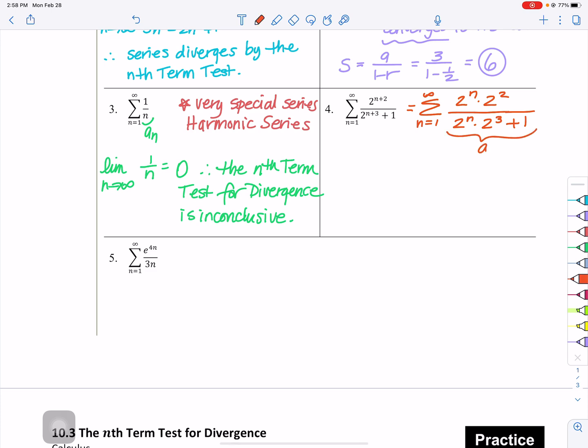So this is a sub n, so we're going to find the limit as n approaches infinity of a sub n. So 2 to the n times 2 squared over 2 to the n times 2 cubed, plus 1. And remember, when we're finding the limit, this 1 is negligible.